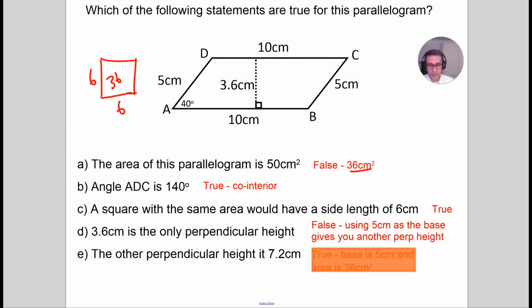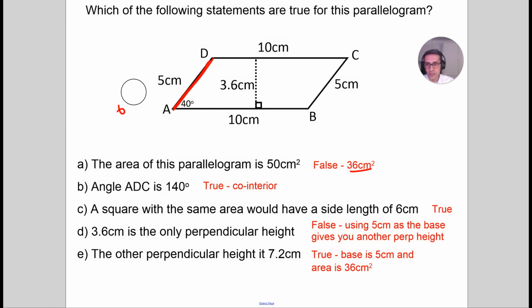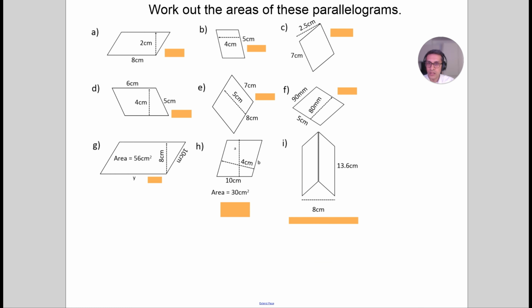We're not going to do that with this example. The other perpendicular height is 7.2. If the base is 5 here, we can work backwards, and we know that 5 times something has to give you 36. So in this case, it's going to be 7.2. We'll look at questions working backwards later.